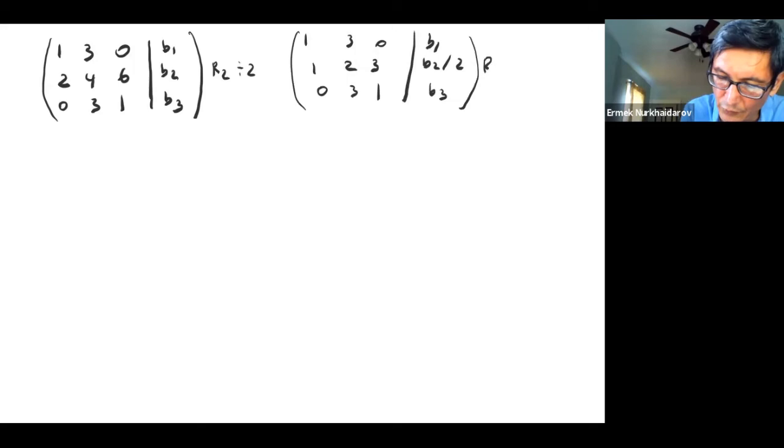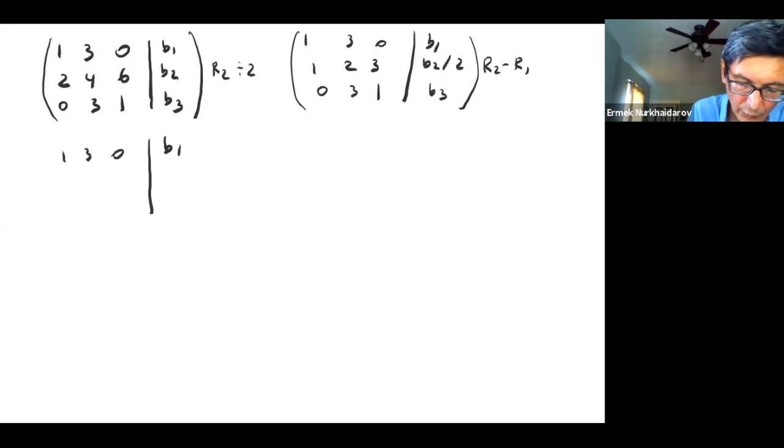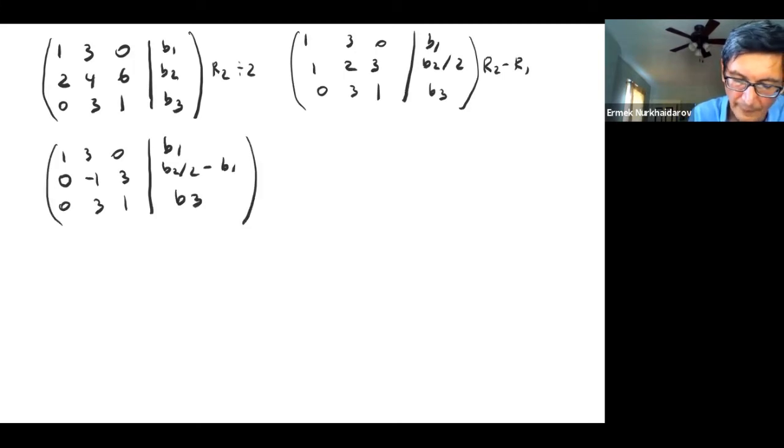Then we do row 2 minus row 1. So we're going to get 1, 3, 0, B1; 1 minus 1 is 0, 2 minus 1, 3, B2 over 2 minus B1; 0, 3, 1, B3. And then we do row 3 plus 3 row 2.